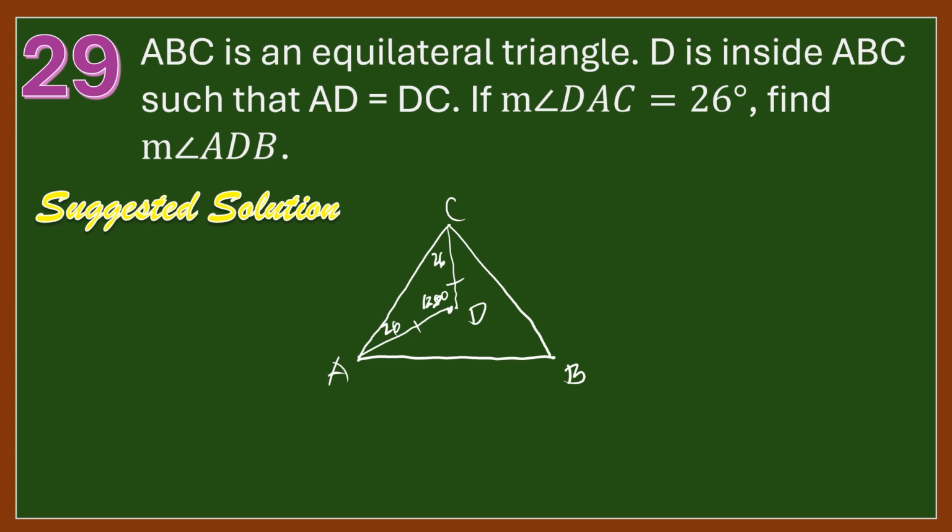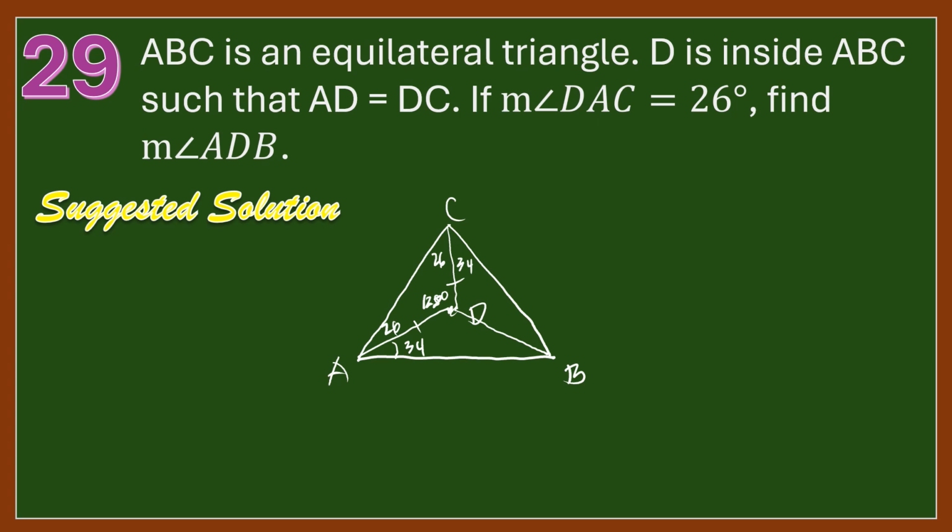Since this is an equilateral triangle, angle BAD must be 34 degrees, and also angle BCD is 34 degrees. Let us draw segment BD. Since AD is equal to DC, BD must be the bisector of angle CBA.